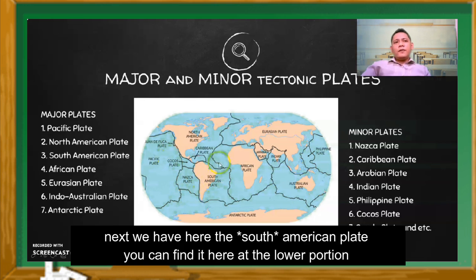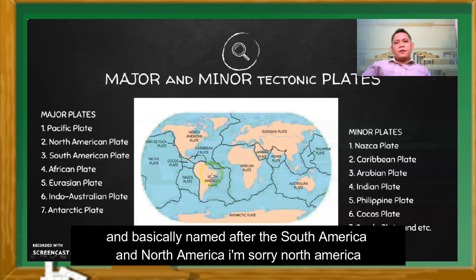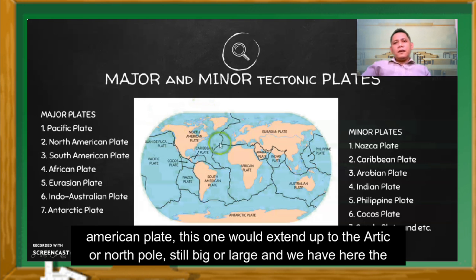Next, we have here the North American plate. You can find it here at the lower portion. It's basically named after North America. I'm sorry, I skipped North America. North American plate, this one. And it extends up to the Arctic, or the North Pole.